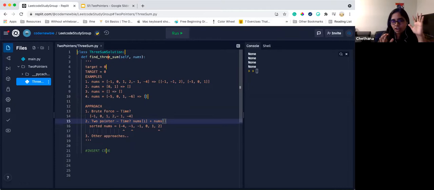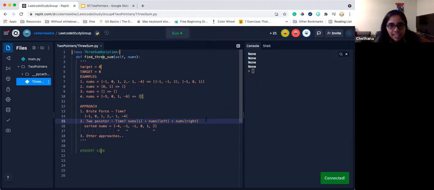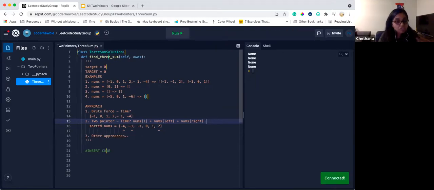Let's call the one right after the outermost pointer left. You'll see why in a second. And let's call the one at the end right. So that should be equal to 0. So 0 is your target.